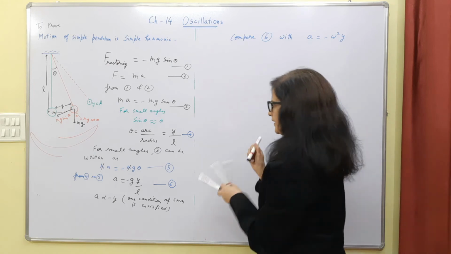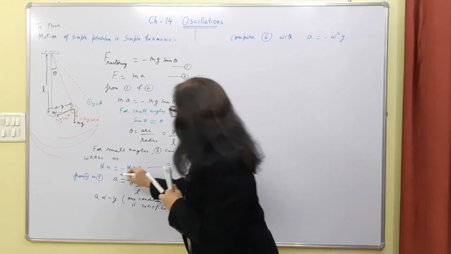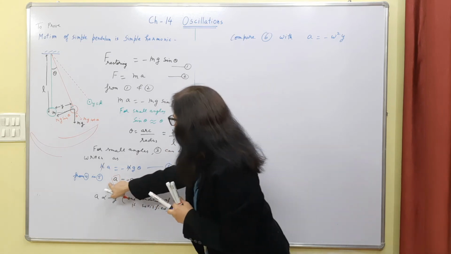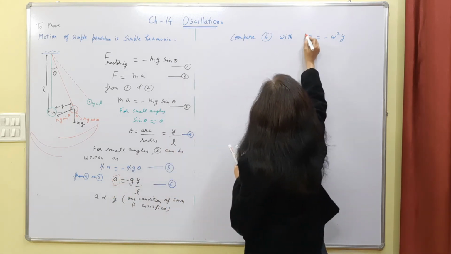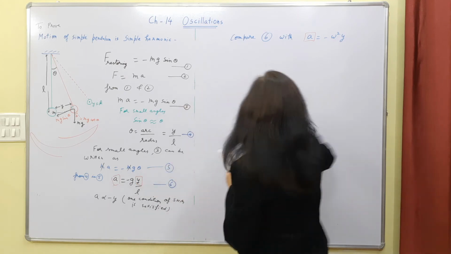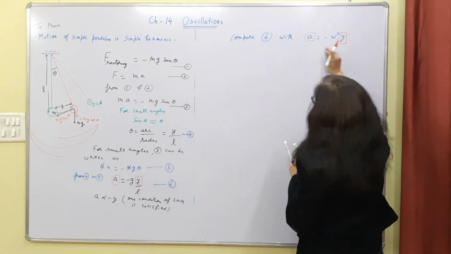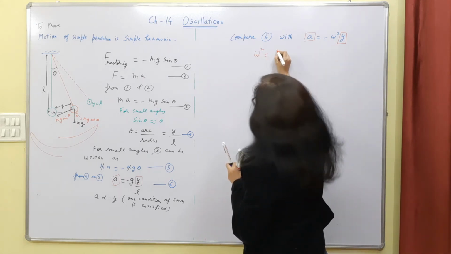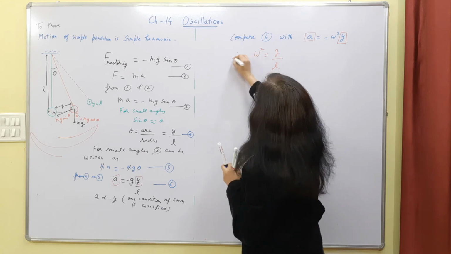So again if we compare, for acceleration we have acceleration, for y, that is displacement, we have y, for negative we have negative. So we can write omega square is equal to g upon L.